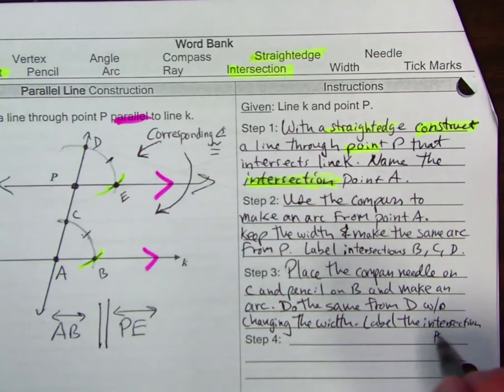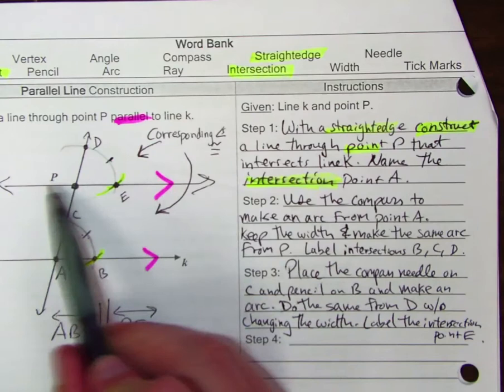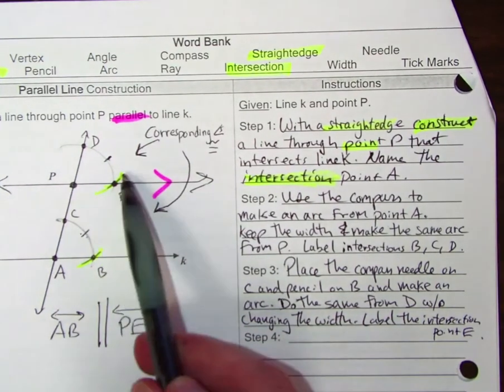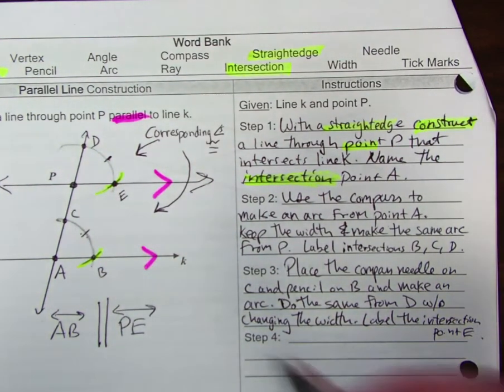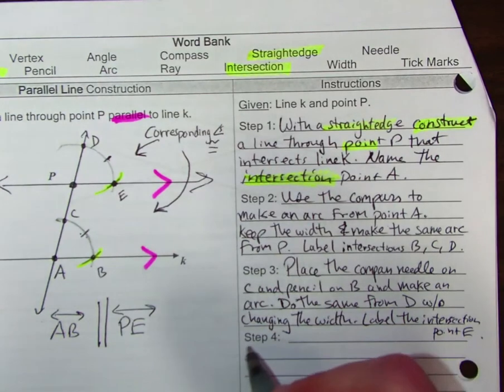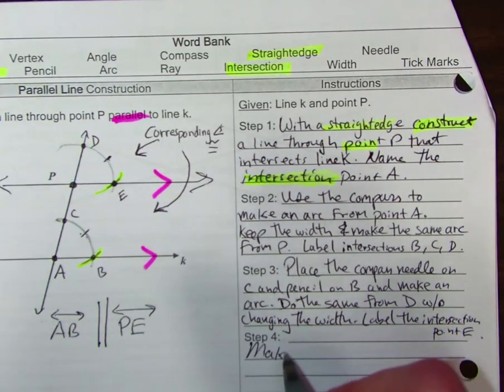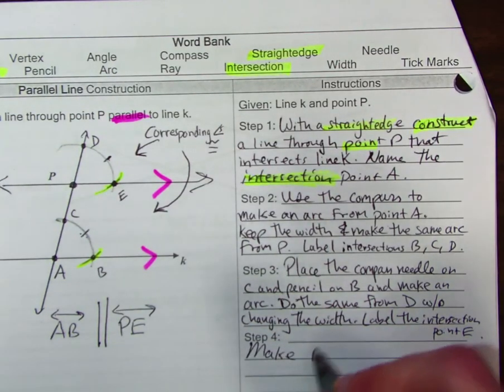Label the intersection, point E. There it is. Intersection of these two arcs, point E. And then finally, I'll write it down here. Make line PE.